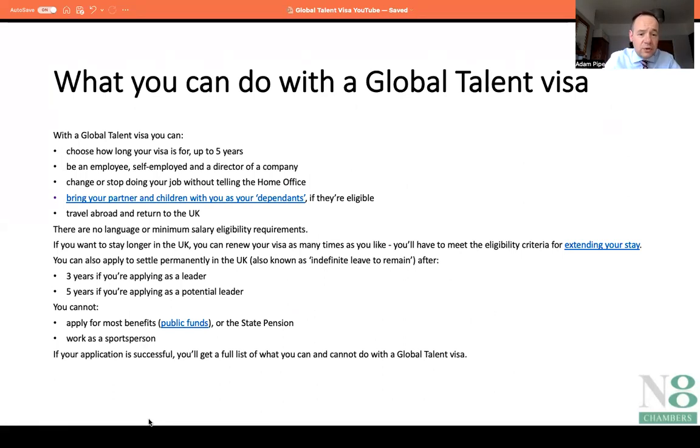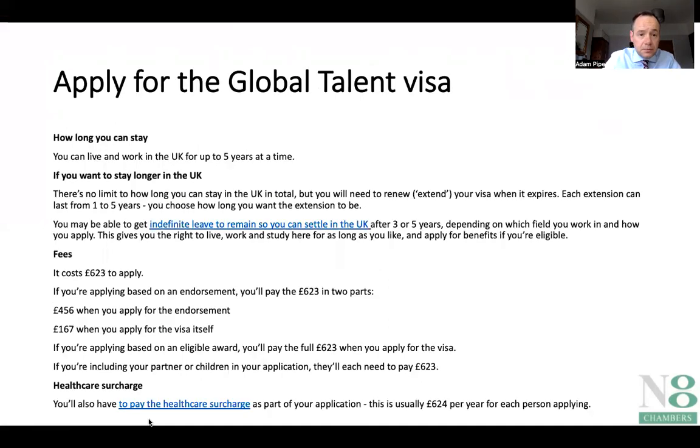You can, of course, travel. There are no language or minimum salary eligibility requirements. You can extend as many times as you want to. You can apply for settlement under exceptional talent after 3 years, under exceptional promise after 5 years.